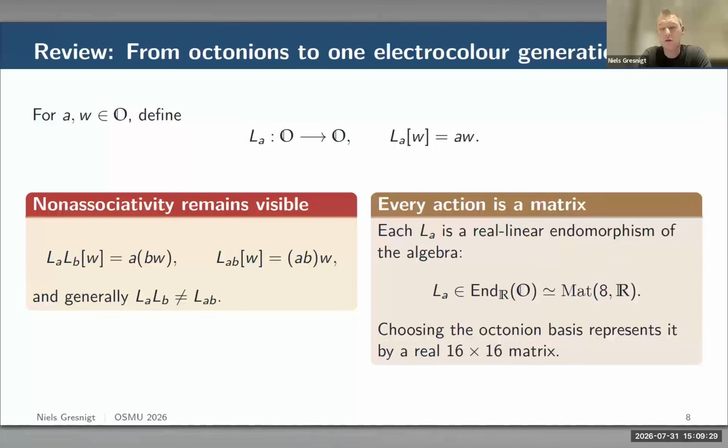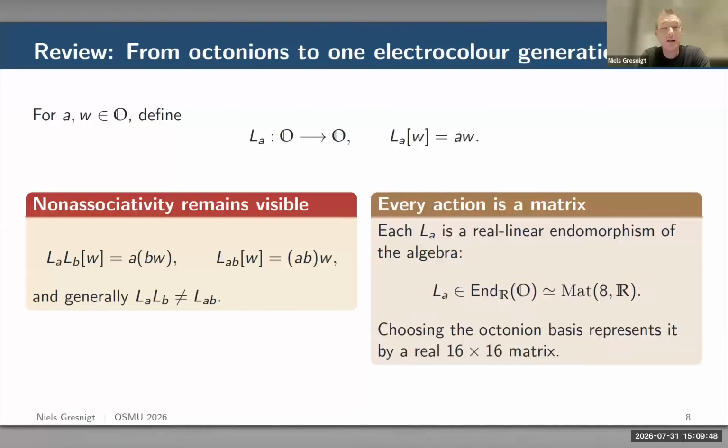And this associative algebra is much larger than the octonion algebra itself, because the octonions are 8-dimensional. But if you look at all these different endomorphisms, which is what they are, they generate a much larger algebra. And that turns out to be a Clifford algebra.